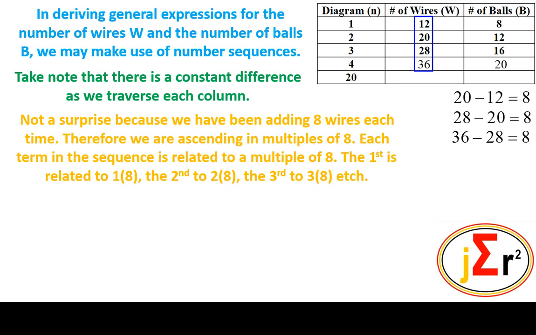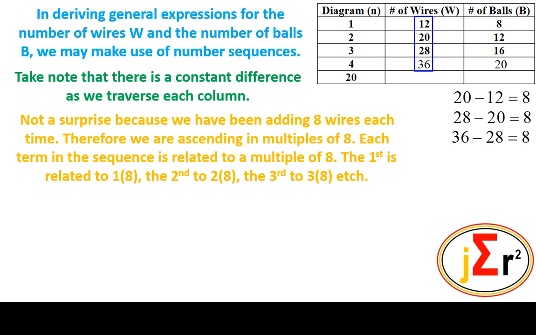Because if we continue to add 8, 8, 8, 8 each time, 3 times 8 is 3 8s added together, 15 times 8 is 15 8s added together, or 8 15s added together. The fact that we are adding 8 each time means that whatever number we have there has to be related to a multiple of 8. Each term in the sequence is related to a multiple of 8.